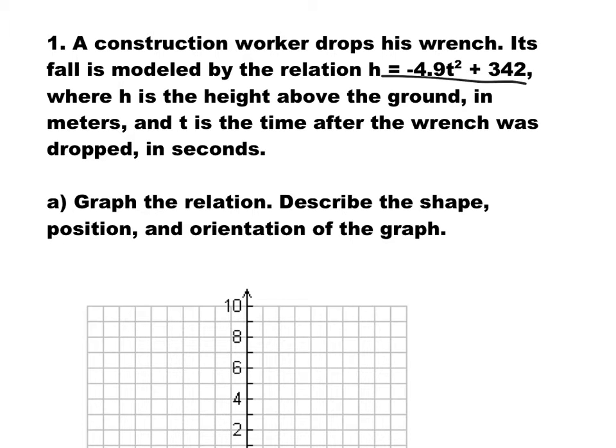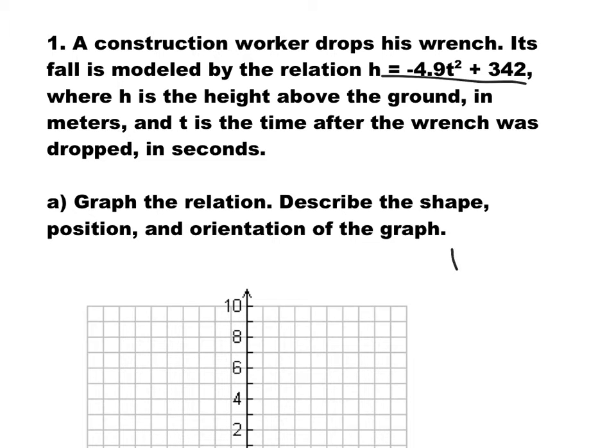Another way of doing it is to find the x-intercepts, and then by taking the average of the two x-intercepts, we can find the x-coordinate of the vertex, and then sub it back in the equation, we can find the y-coordinate.